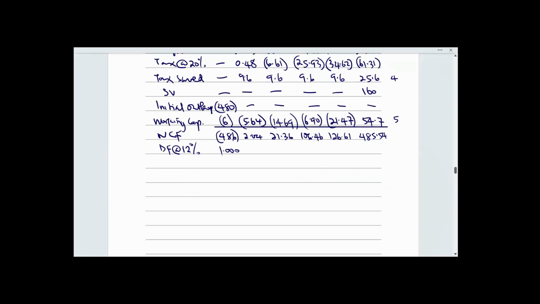So I will then calculate the discount factor for year 1 at 12%. This will be equal to 1.12 raised to the power minus 1, that's 0.893.